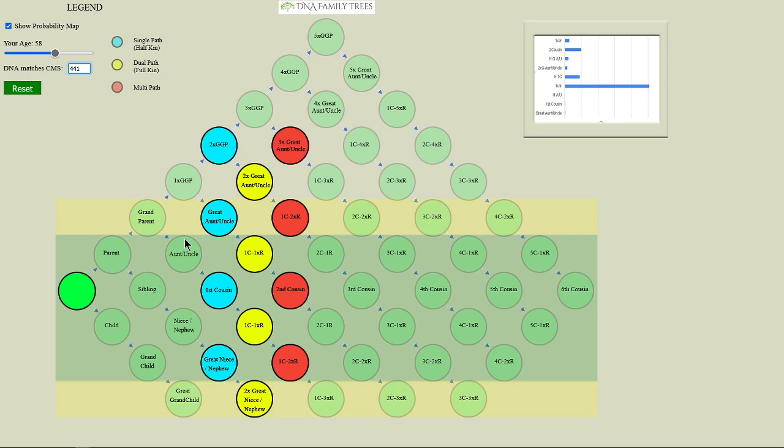Because the closer you are, when you get to shared parents, 50 from each parent, that's a very low probability that it's going to deviate that much.